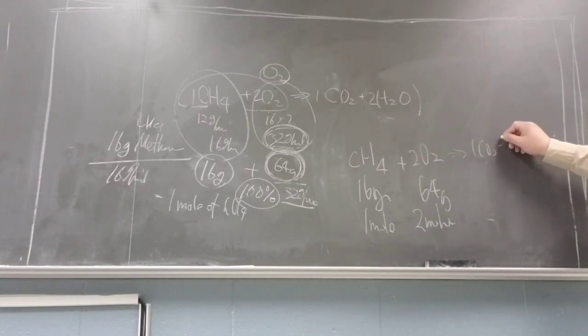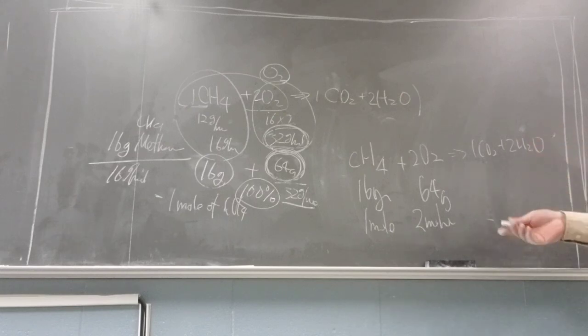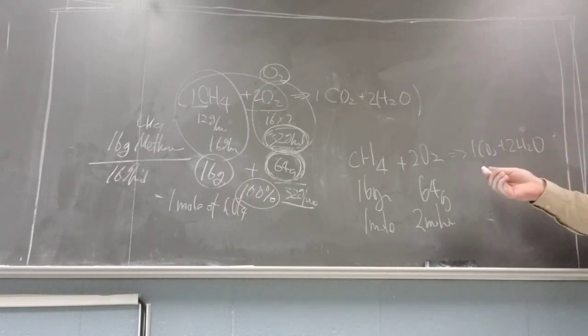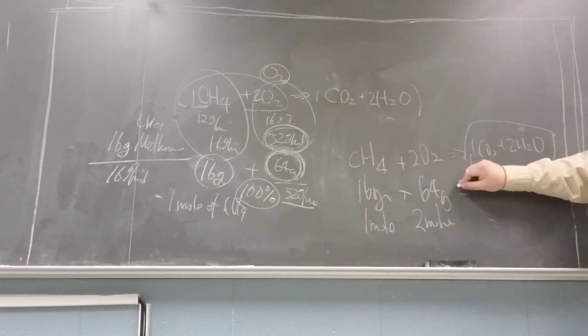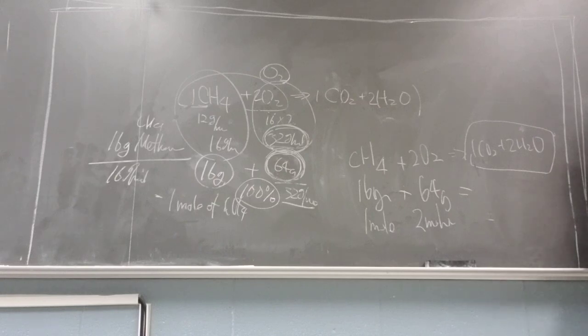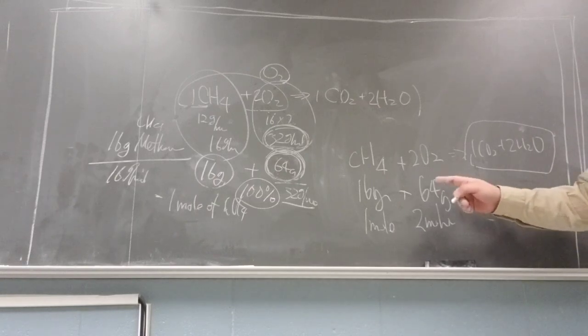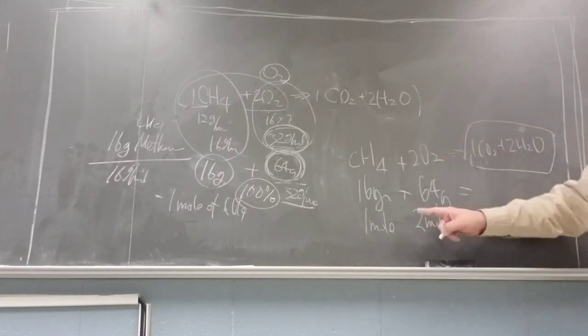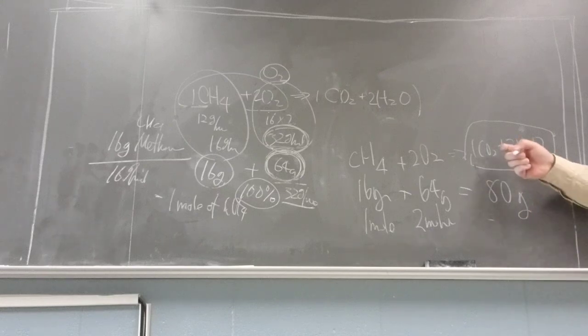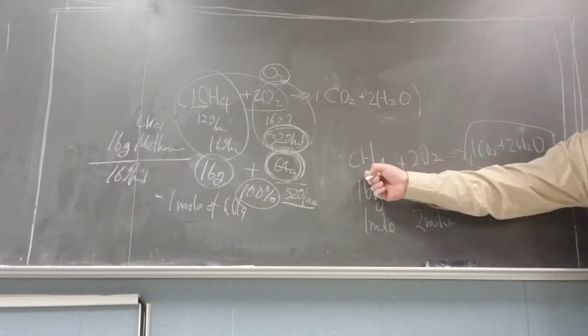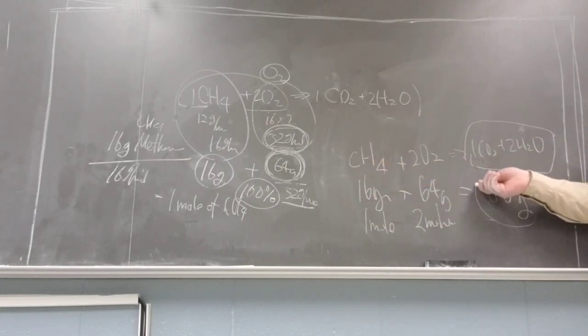Carbon dioxide and water. And then the total mass of the 2 products will be simply what? These 2 added together, because this is all used up. If you just add the 2 numbers together, there will be 80 grams, right? 80 grams.